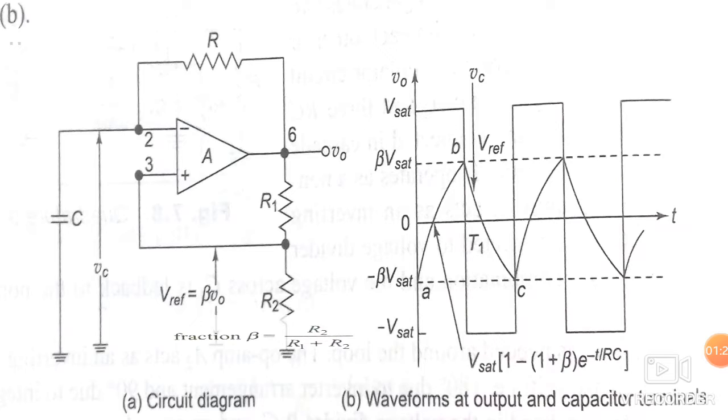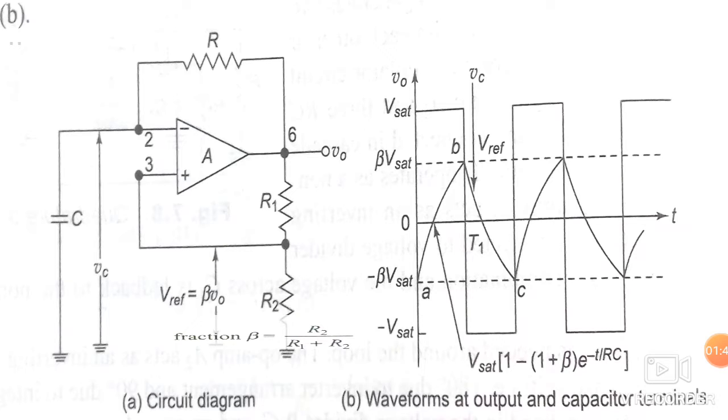The feedback fraction beta is defined as R2 upon R1 plus R2. This is the factor through which the voltage is provided back to the positive terminal of the operational amplifier.